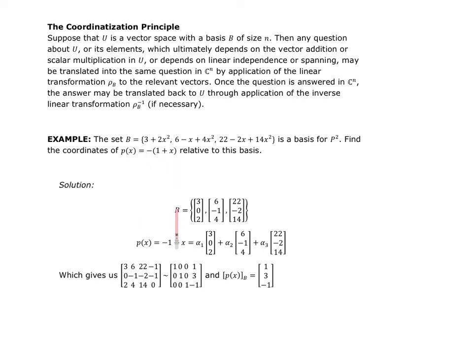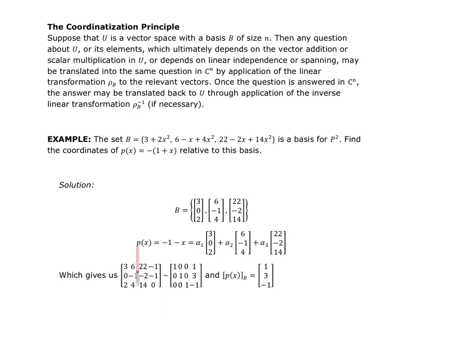The way that we're going to approach this is that we assume this is a basis for P2, because they're telling us that, and so we turn each one of these into its equivalent vector. So this one is the vector 3, 0, 2, because I don't have an x. Next one is 6, negative 1, 4, and then the last one is 22, negative 2, and 14.